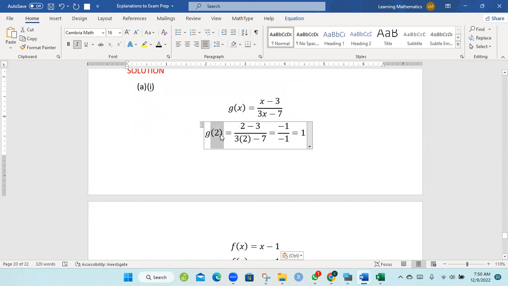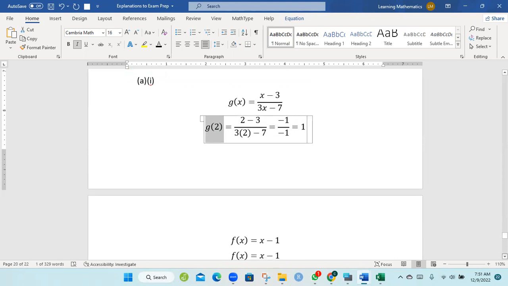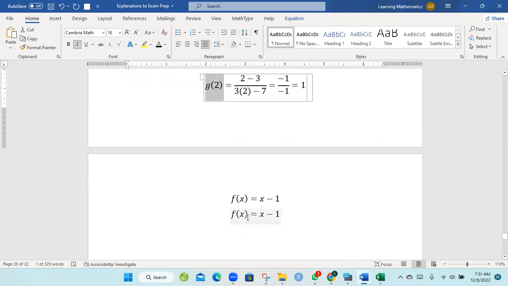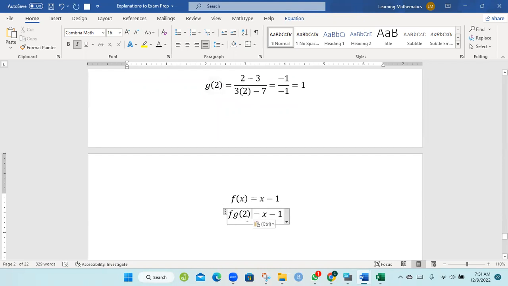Finding f of g of 2 is finding f of 1 because g of 2 is 1. So f of g of 2 is equal to 1 minus 1, because g of 2 is 1. So 1 minus 1 is 0. So f of g of 2 is equal to 0.